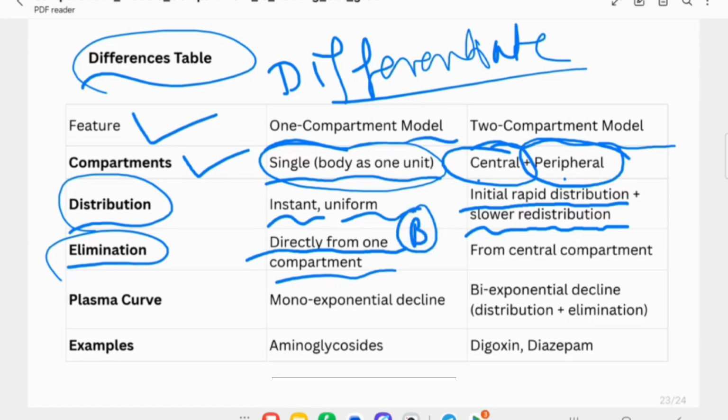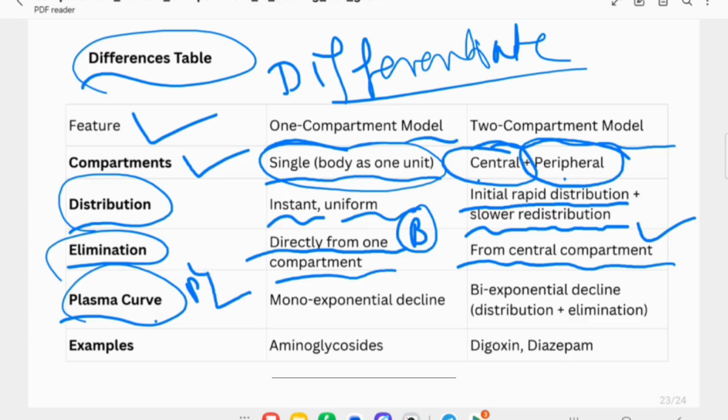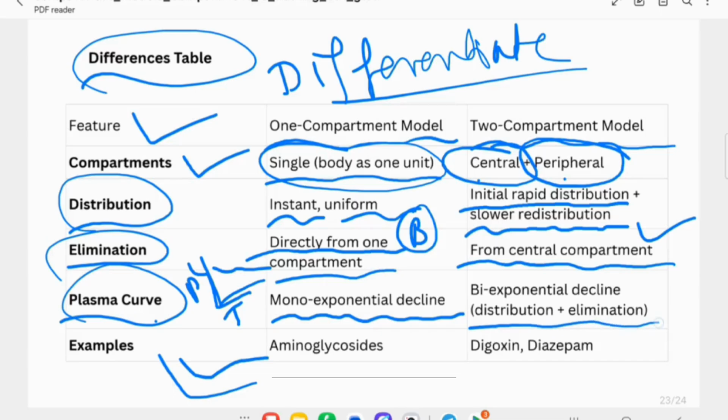For the plasma curve, the drug concentration versus time, we get a mono exponential decline in one case and a bi-exponential decline in the other. Examples of drugs: aminoglycosides for the one compartment model, and digoxin and diazepam for the two compartment model.